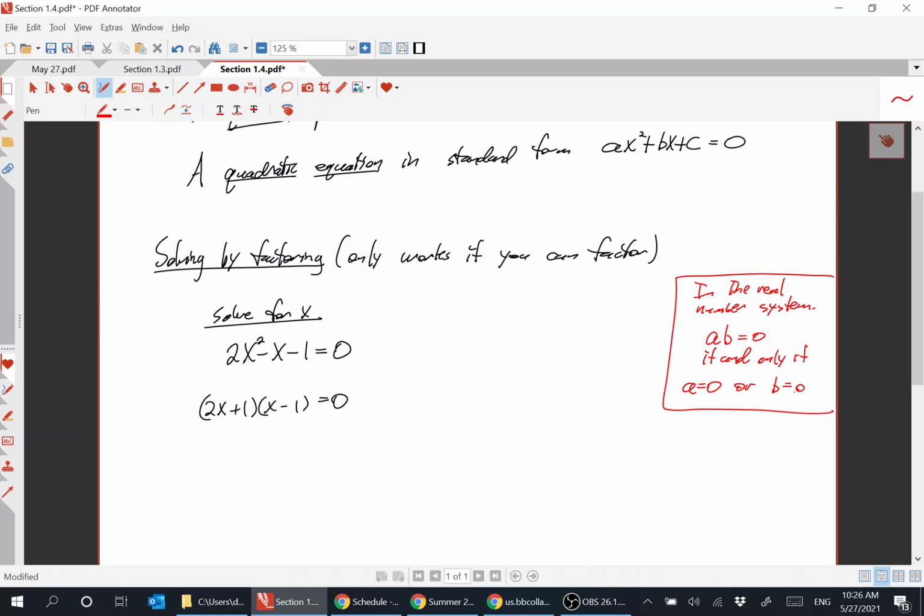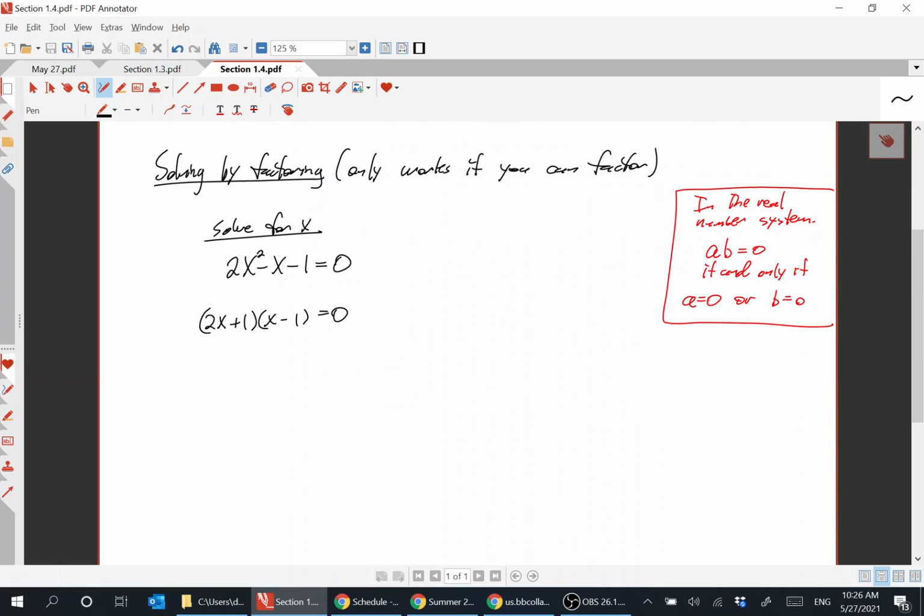So a product of two things is 0 only when one or the other is 0. Within the real numbers, that is. There are other algebraic systems in which that's not true. You can take non-zero numbers in other algebraic systems, and their product would be 0. You actually know one, but I'm not going to get into that.